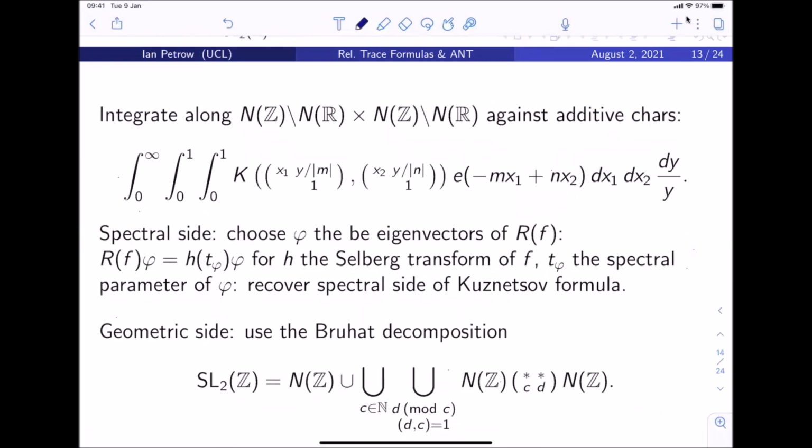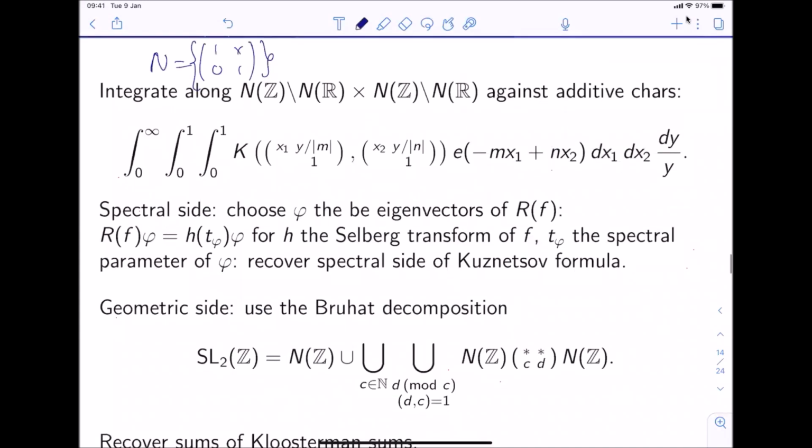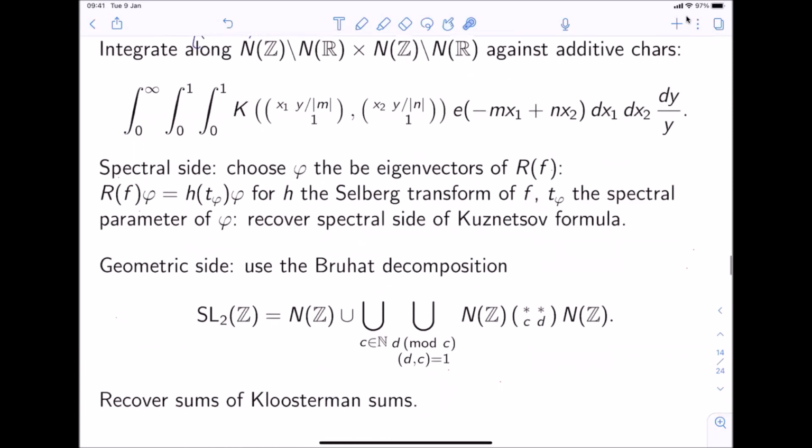Here this N is the subgroup of matrices like 1, x, 0, 1. And here's an additive character, and we integrate this kernel function against this additive character. There's one supplementary integral here, but let's not dwell on that.